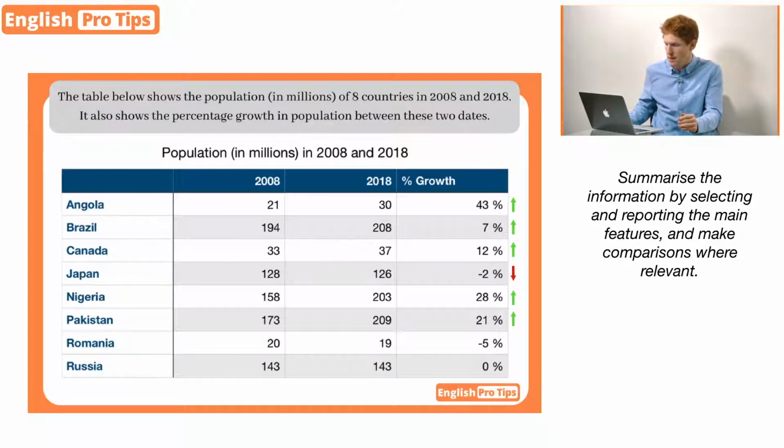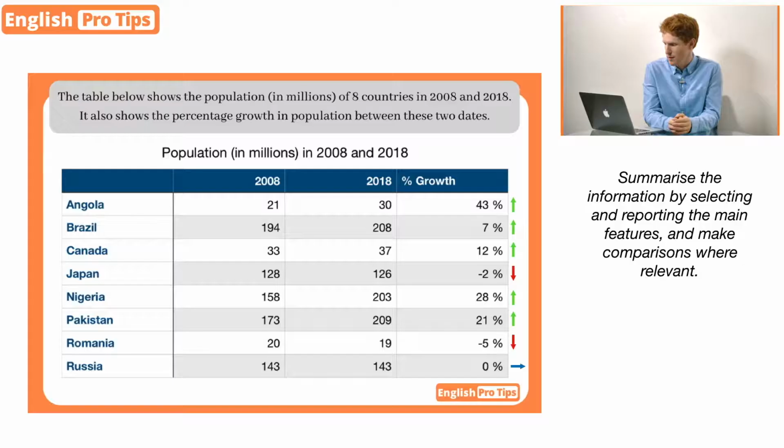In Pakistan, it increased. In Romania, it decreased. And in Russia, the population stayed the same. So we have 5 countries that increased in population, 2 countries that decreased in population, and 1 country that stayed the same. And we're going to be using this kind of information to help explain the 5 common mistakes that students make when answering these questions.